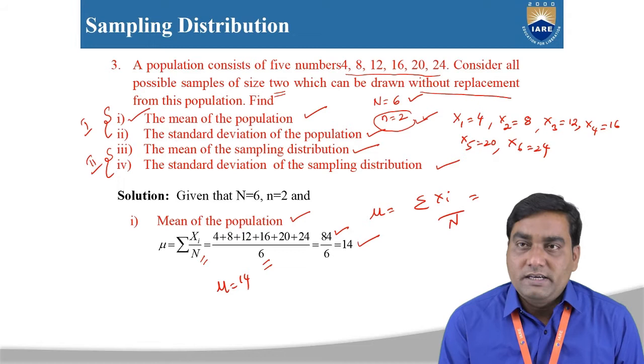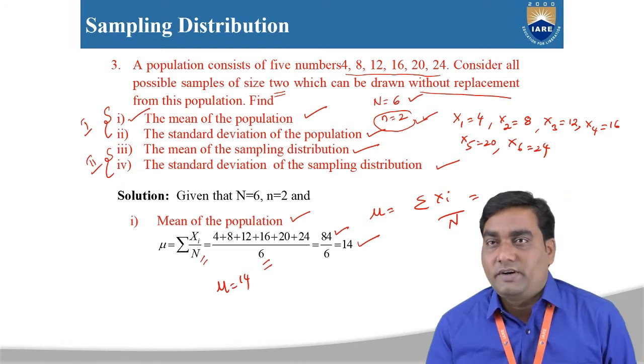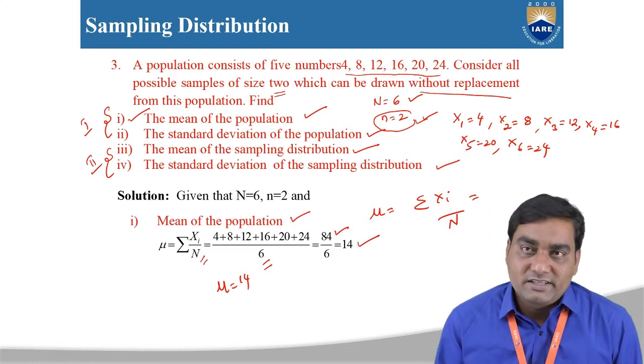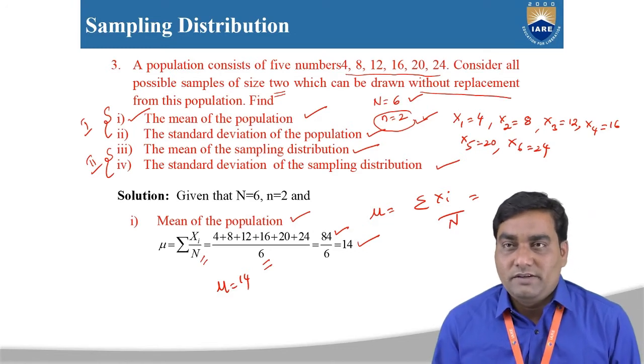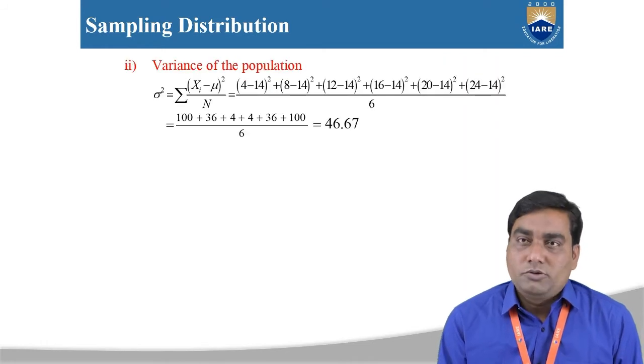Now, the standard deviation of the population. To get this value, first we need to find the variance of the population. If we get the variance, we can find the standard deviation by taking the square root of the variance.